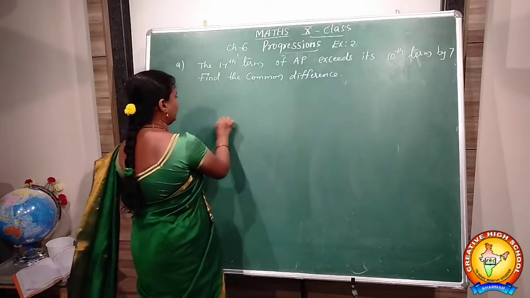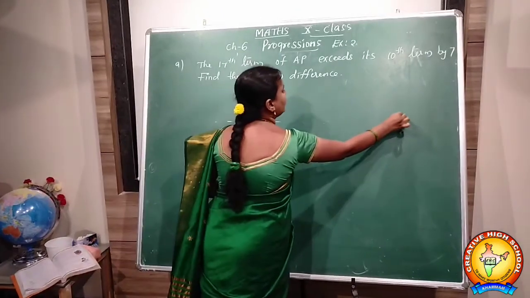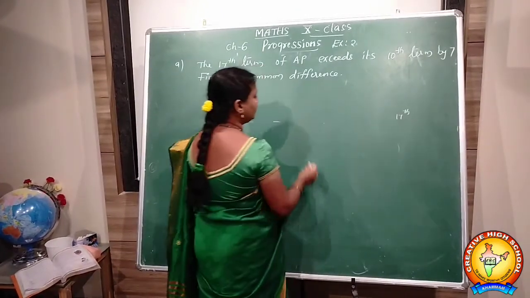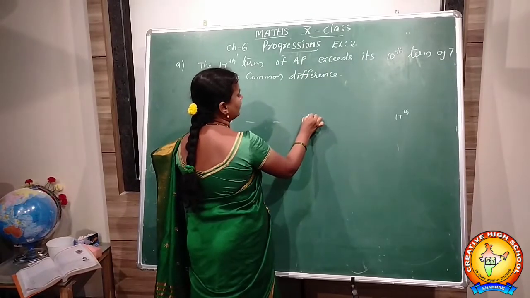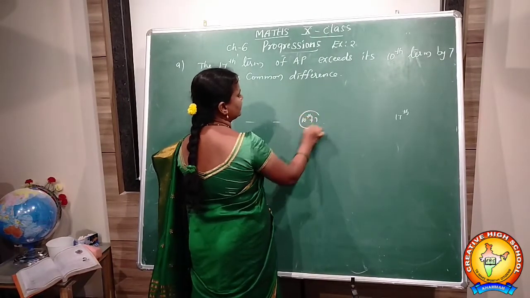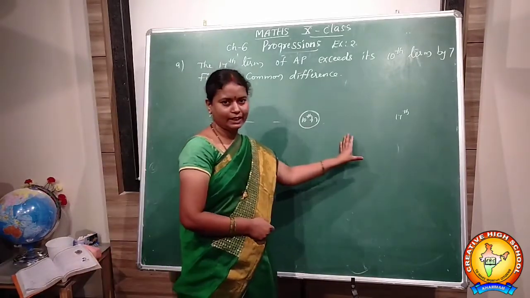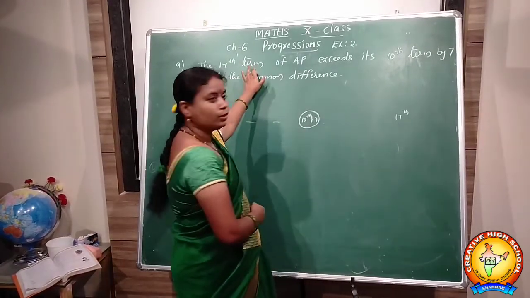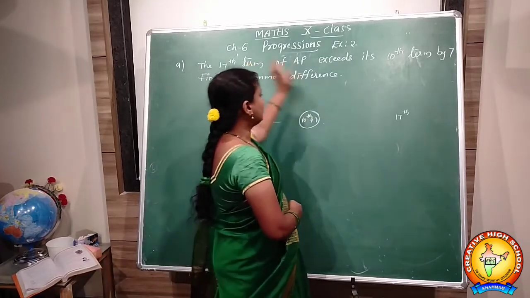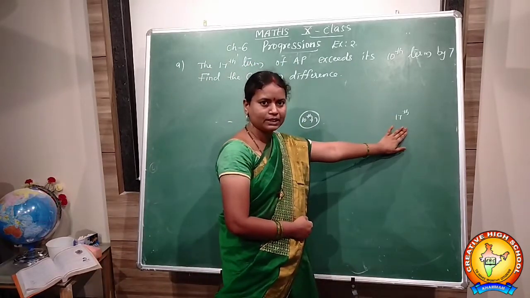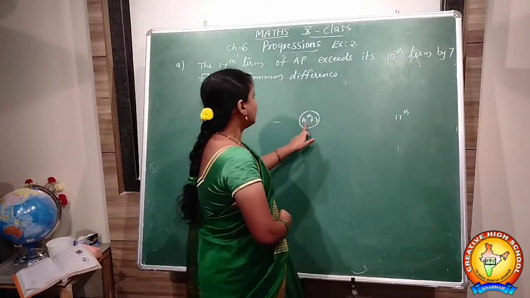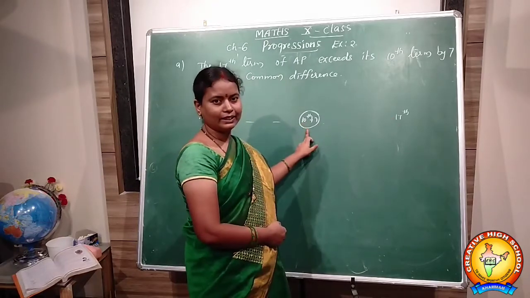So if we write an AP series, the 17th term will be 7 more than the 10th term. Do you understand? So according to this information, the 17th term of this AP series will become 7 more than the 10th term.